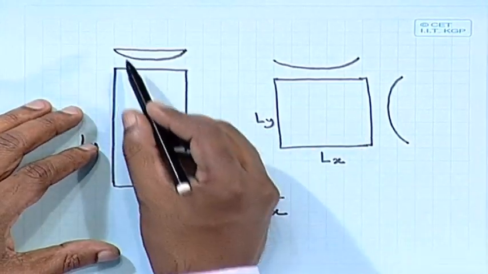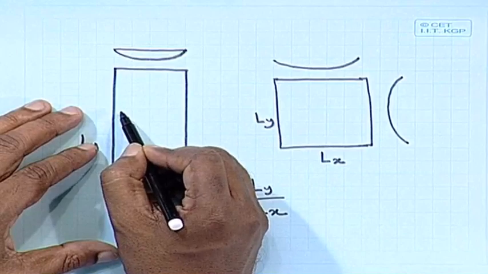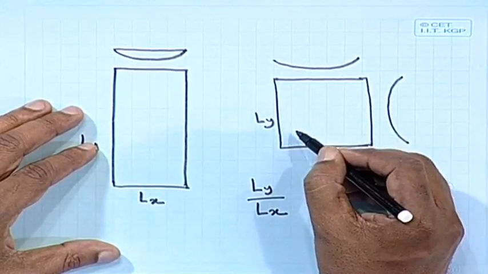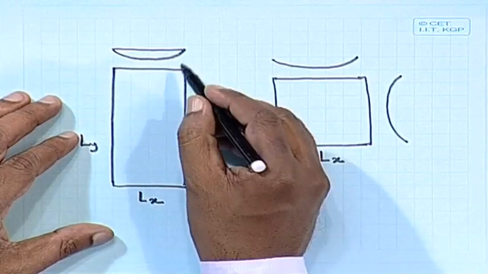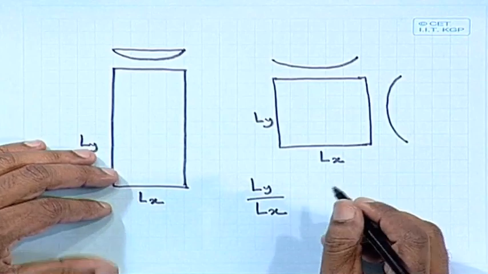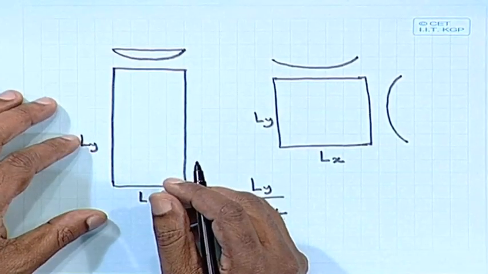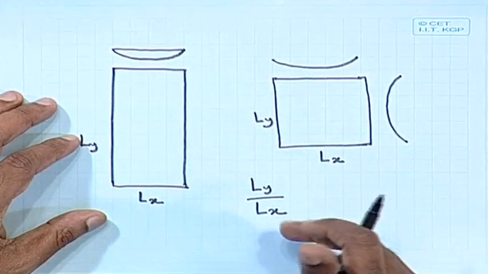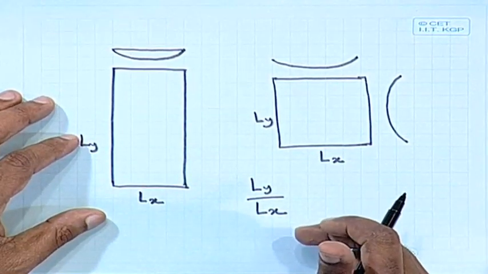That means whether we shall consider the moment on only one side or on both sides. In our case, if Ly by Lx is greater than 2, we take it as one way. If it is less than or equal to 2, then we take it as two way. In this problem we shall take two way.